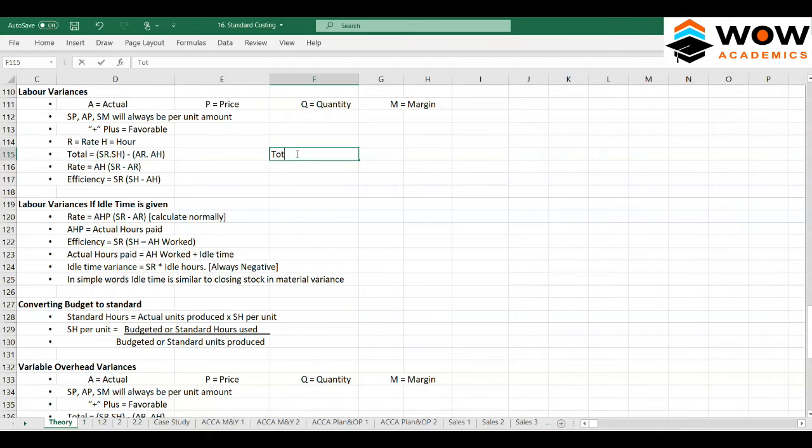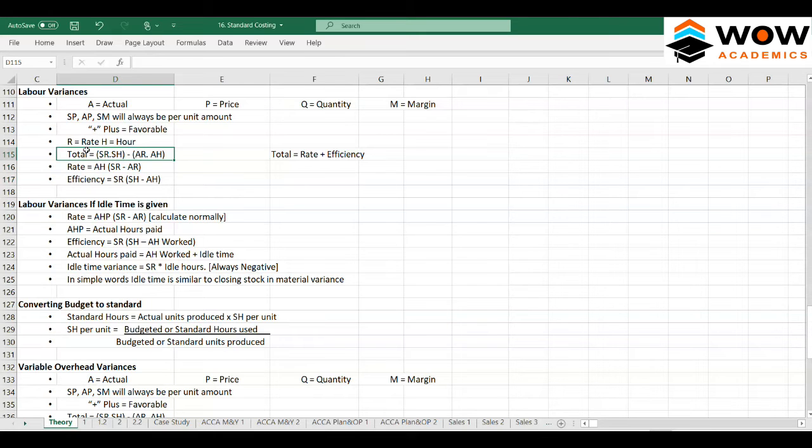Total is nothing but rate plus efficiency. You add these two together.